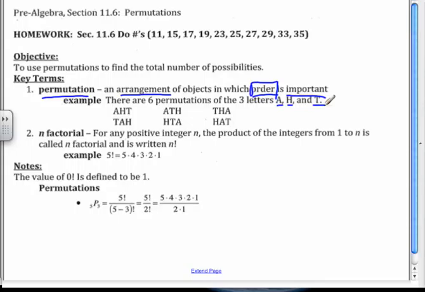You'll see there's actually going to be six different, right? I've got AHT, it could be ATH, it could be THA and TAH, and then HTA and HAT, hat, right? So I've got three letters, just one combination, right? But then I've got six different ways that I can write that combination.